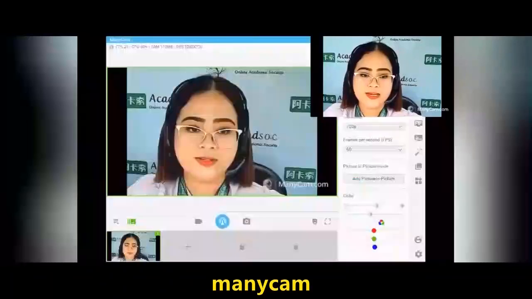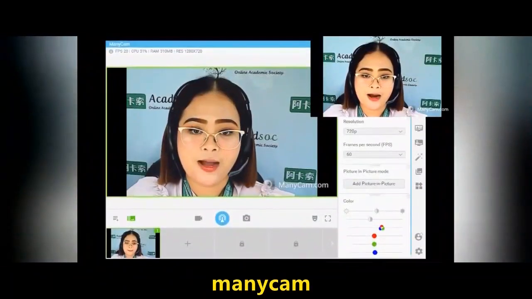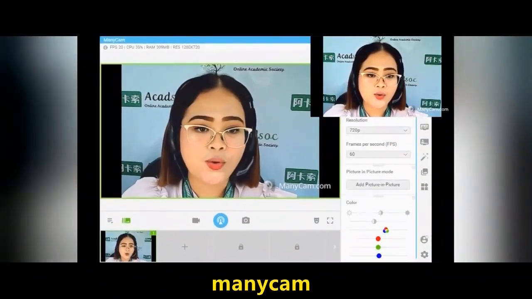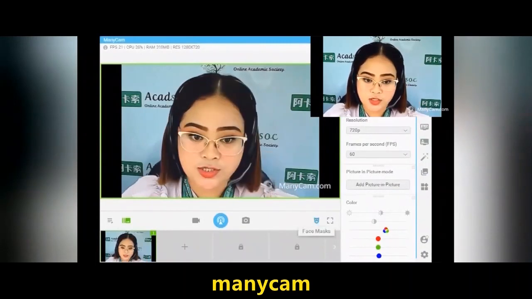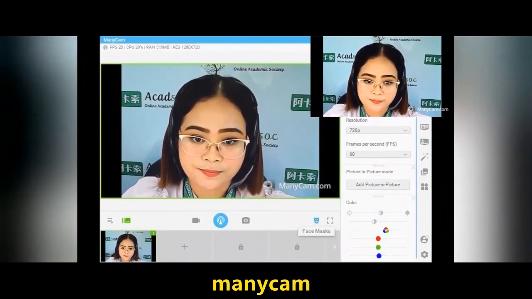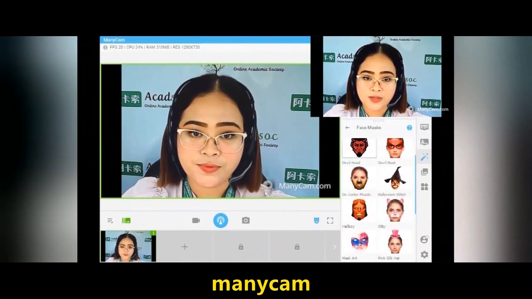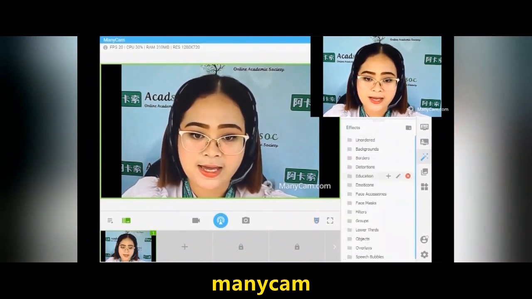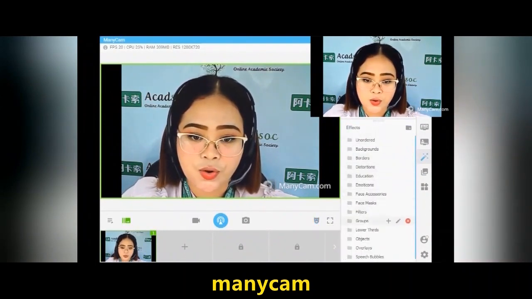Here, this is ManyCam. All right, now all you need to do is just to click this one. There you go, and then back, and then show some face accessories.